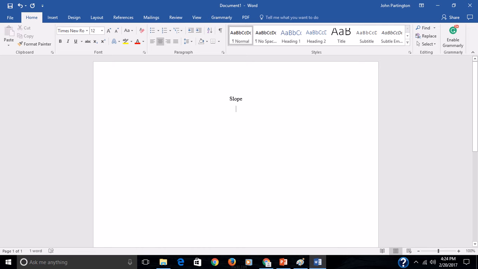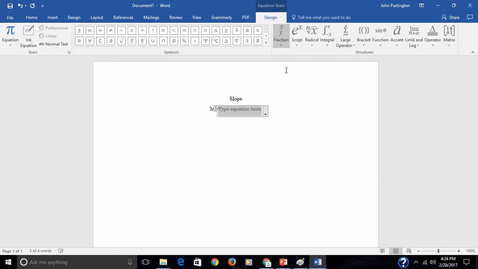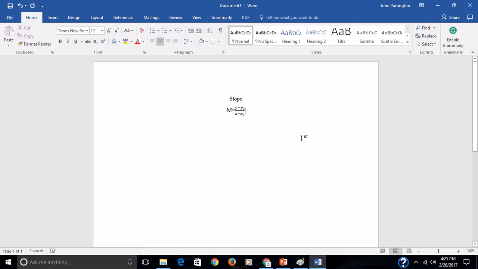Now, slope is back from algebra 1, and slope was usually notated by m, and this m was generally denoted by y minus y naught, or the point, over x minus x naught. Now, what did this mean?